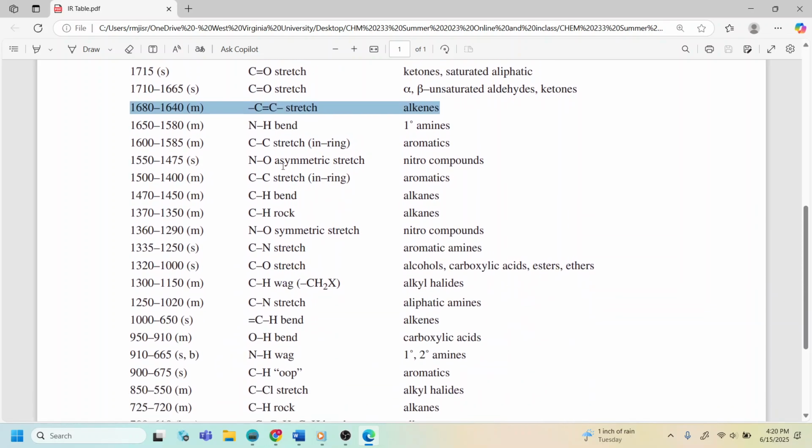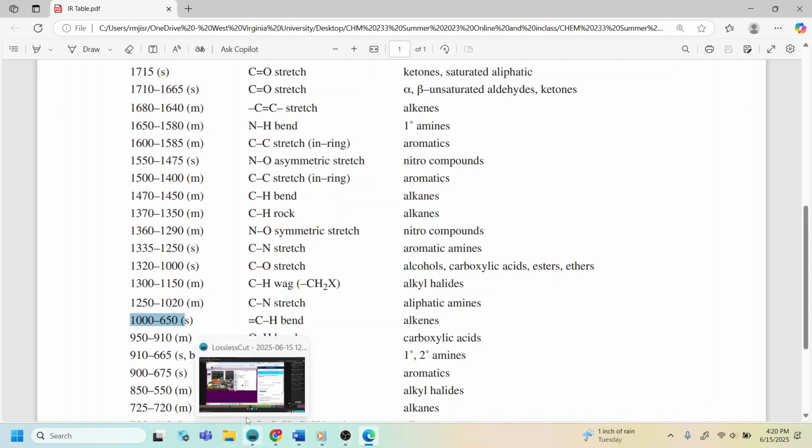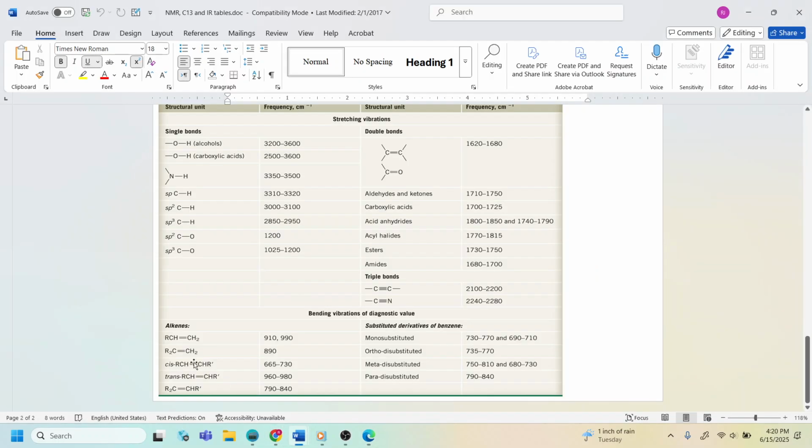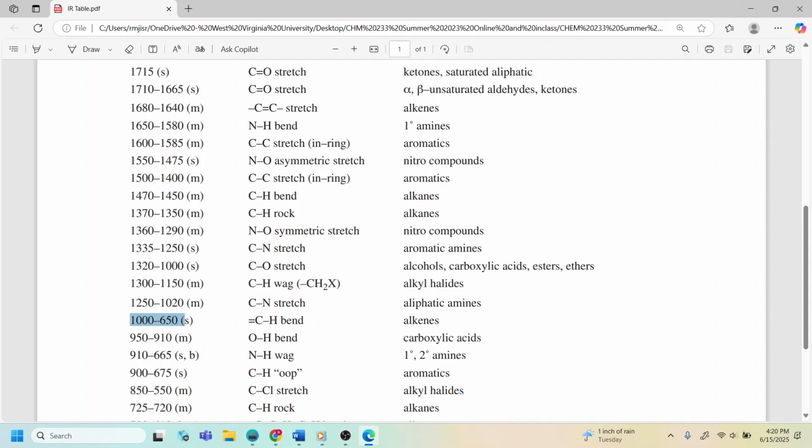Now another peak for the alkene is the bend, which is between 1,000 and 650. This is the double bond CH bend in there. If you look at another IR sheet that I posted in here, this is the same thing. This is the IR band of the C double bond CH, which is around 910. It falls in this region between 1,000 and 650.